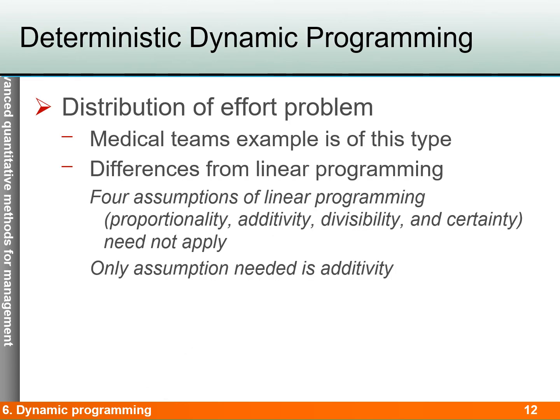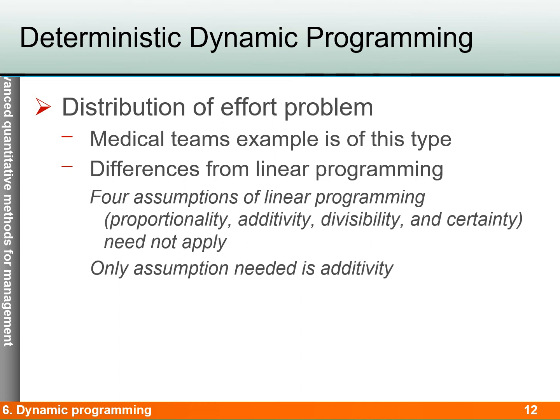Our next example, which we'll see in the next slide, is example 3 of our class. The structure of this example is similar to the one for the World Health Council because it too is a distribution of effort problem. It's a resource allocation. However, its recursive relationship differs in that its objective is to minimize a product of terms for the respective stages.